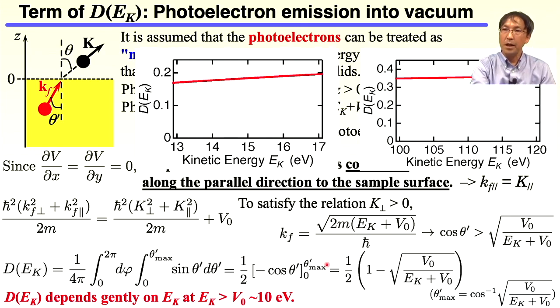Especially when Ek is above V0, in a potential of the order of 10 electron volts, this function depends very gently on the kinetic energy Ek. Therefore, usually we do not need to worry about the bad effect of this term in the observed photoemission spectra.